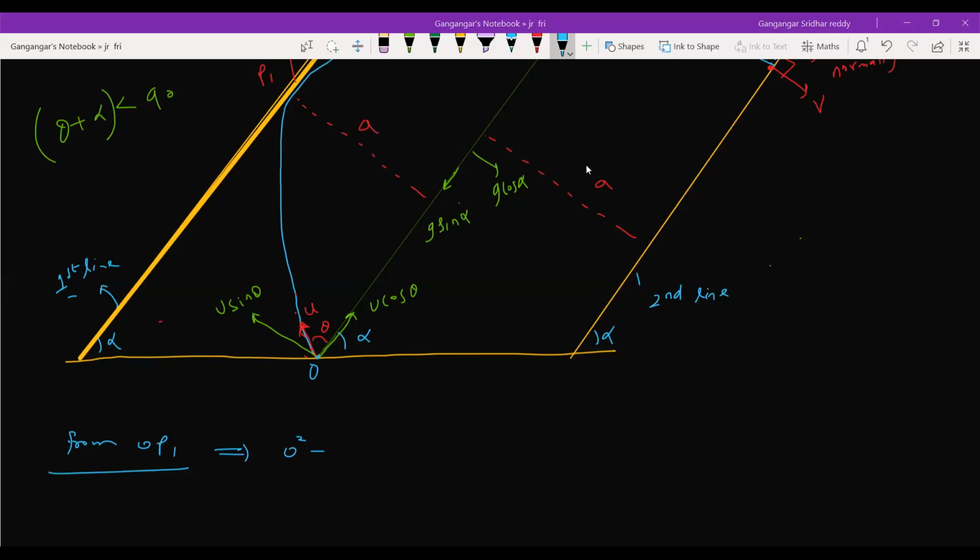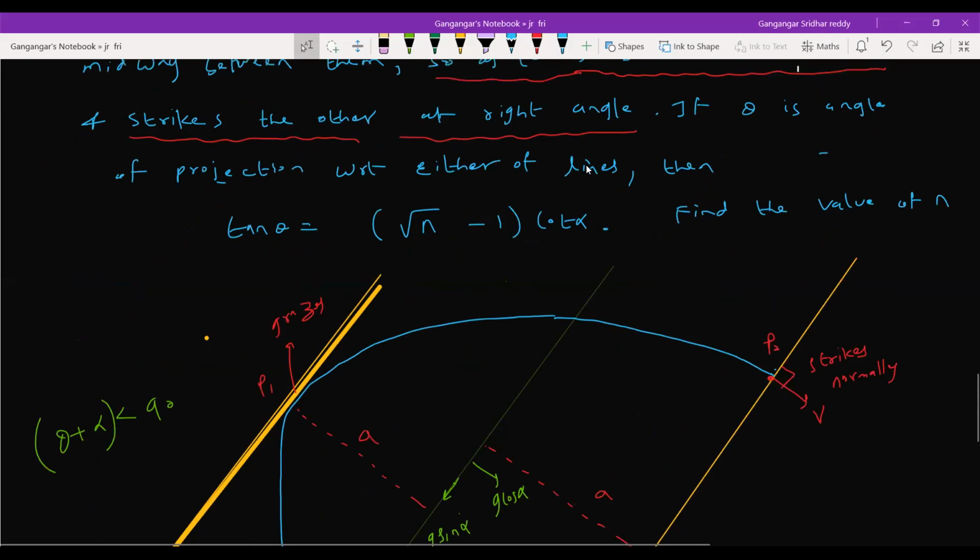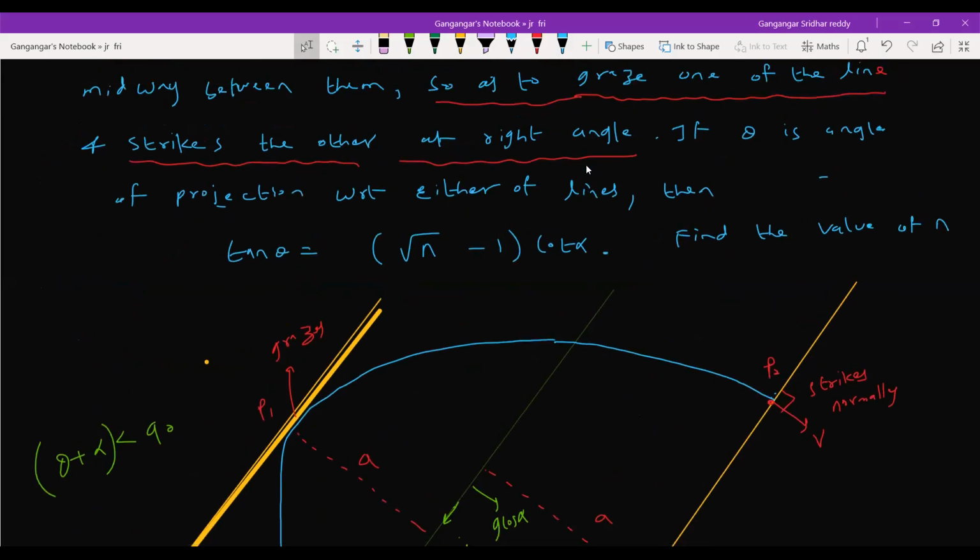Theta with respect to horizontal becomes theta plus alpha; with respect to the incline, theta. Sir, it is told with respect to either of the lines. It's there, no? Okay, let me check the question. If theta is the angle of projection with respect to either of the lines, okay, fine.